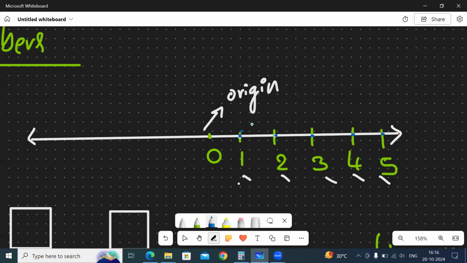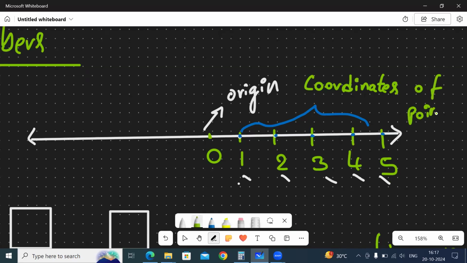All these points, we call them coordinates. So these are all the coordinates of the points. 1 is a coordinate, 2 is a coordinate, 3, 4, 5, everything lying on this particular line, at fixed points, are the coordinates of points.